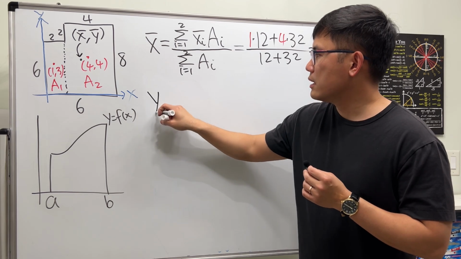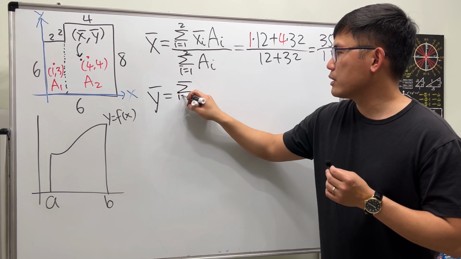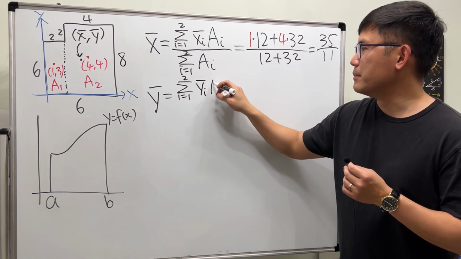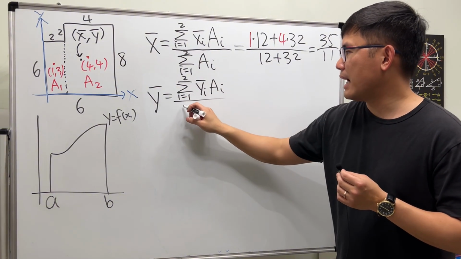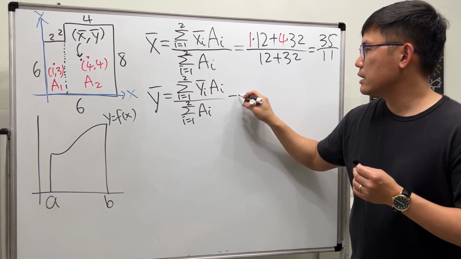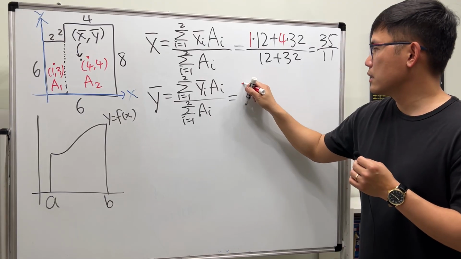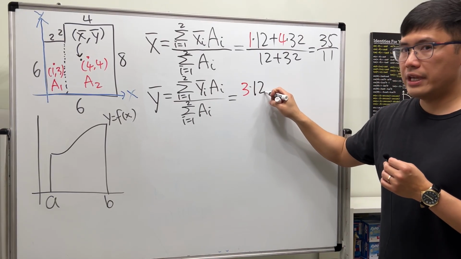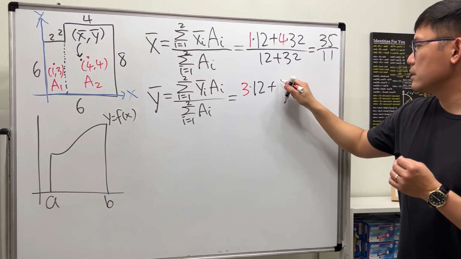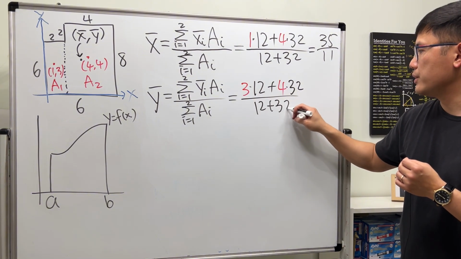Now, for y bar, you can imagine it's pretty much the same thing. We have the sum, i goes from 1 to 2. Here we will just have yi bar times ai, and then divided by the sum of the areas. y1 bar will be this 3 here, and we multiply by the area, and then we add y2 bar, which is this 4 here, and then multiply by 32, over 12 plus 32.